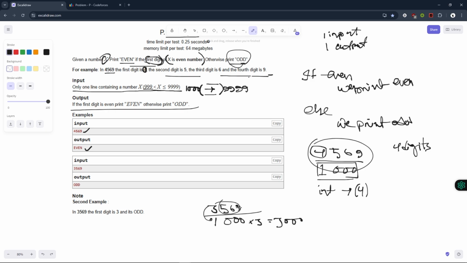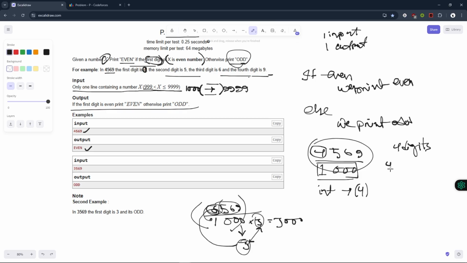We need to go at most 3 times until we reach this number. So what we get from this operation is 3. That is the exact first digit of this number.